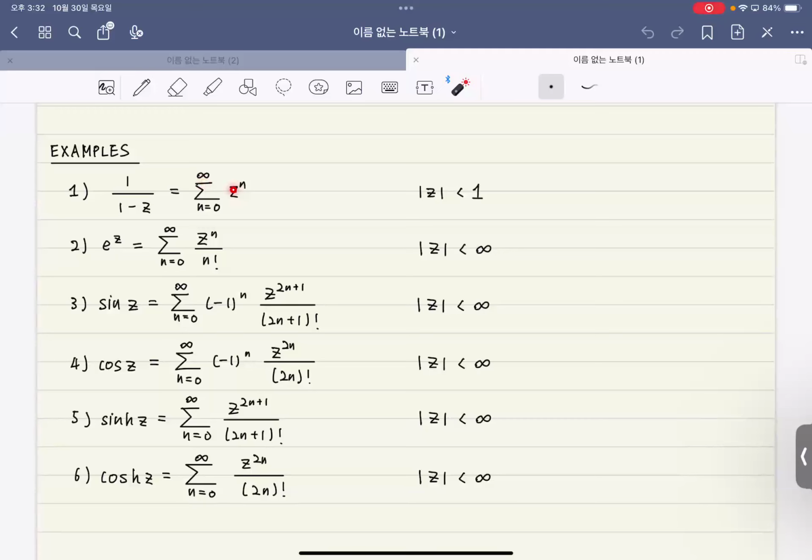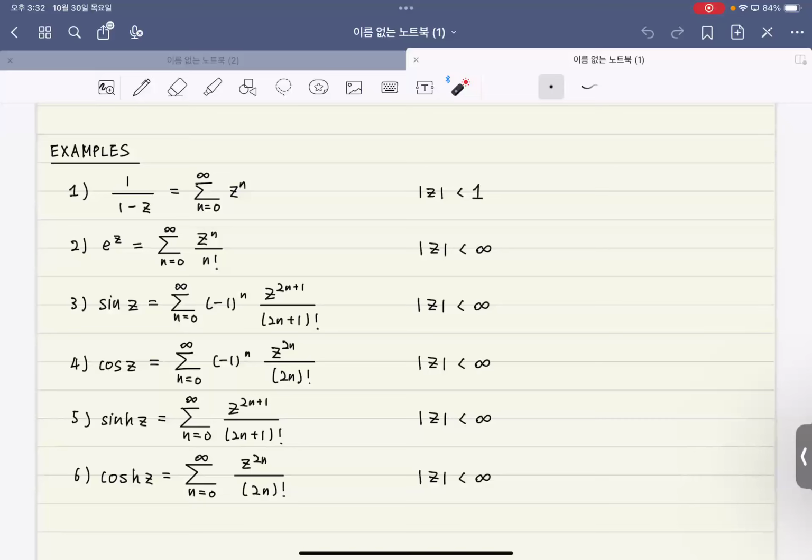That means the radius of convergence cannot be greater than 1, because of this reason. This is the origin, and this is the point where the singularity happens. So it is very natural to say that the radius of convergence is 1.